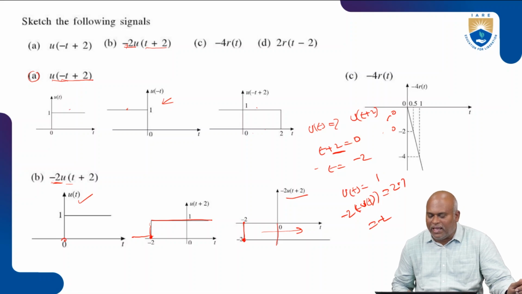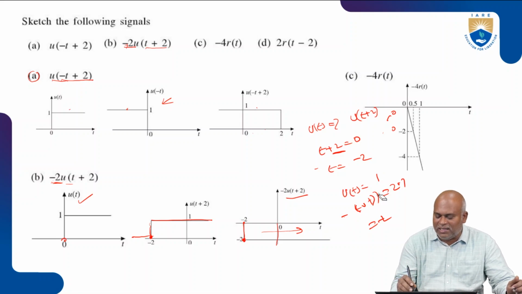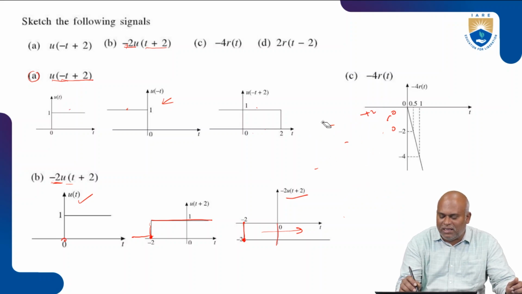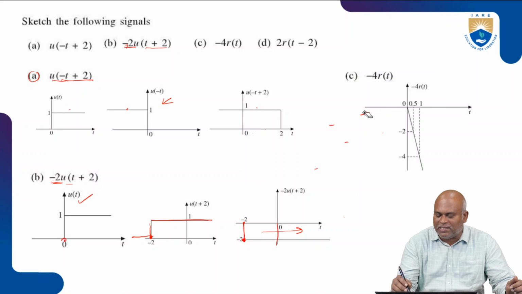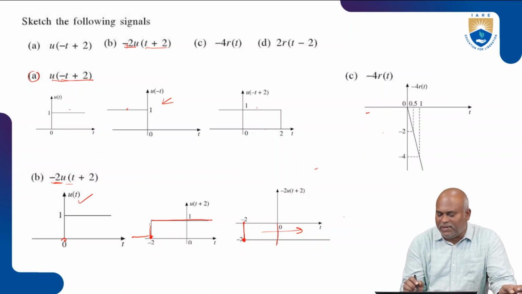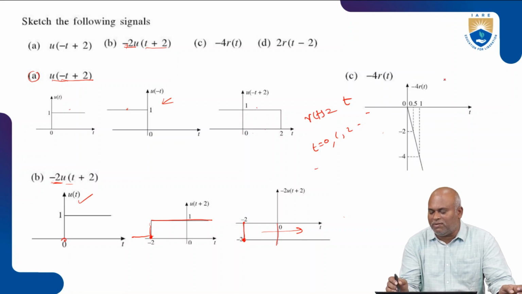Next we go for the next signal. We know that r of t is represented as a ramp signal. The r of t is equal to t. When t equals 0, 1, 2, 3, like that we increase, then the signal goes increasing at 45 degrees.